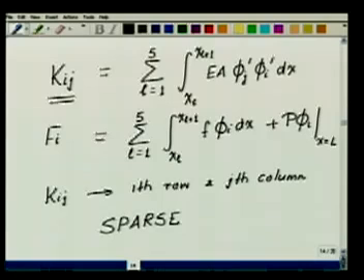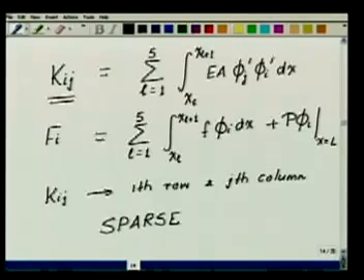Sparsity of a matrix has its own advantages as far as numerical calculations are concerned. Another thing to note is that for the jth row and the ith column, Kji is equal to the summation integral of Ea phi I prime phi j prime.